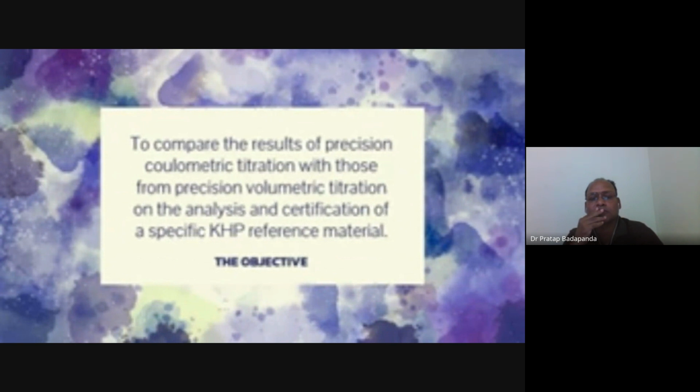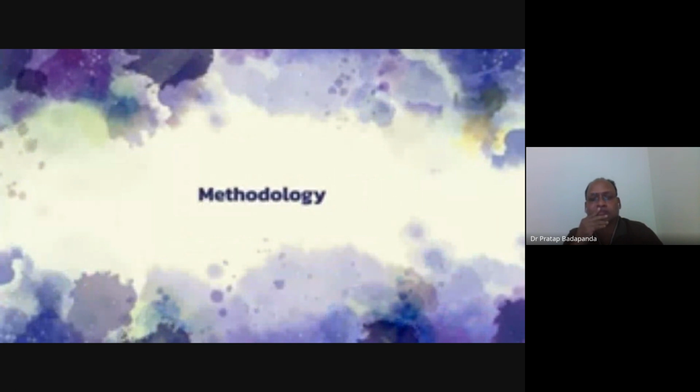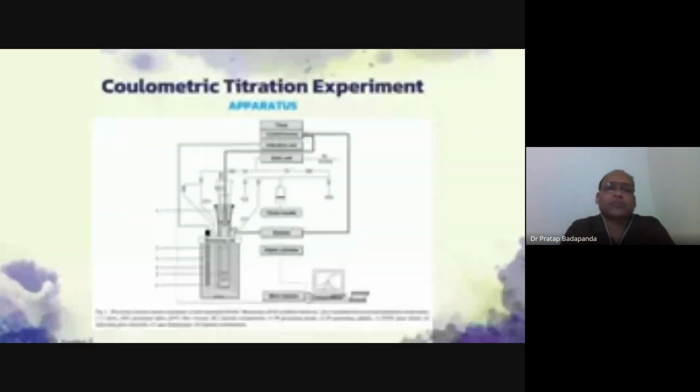The methodology is divided into two parts. First is the purity determination using precision coulometry. Then it is followed by purity analysis using volumetric titration. For the coulometric titration experiment, the determinations were carried out using the system given in Figure 1.